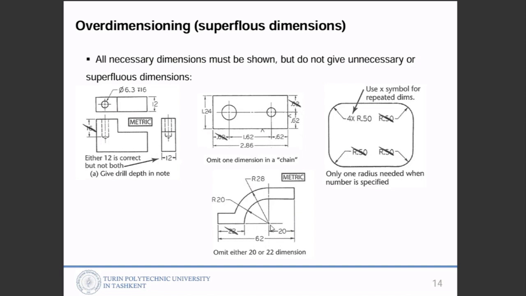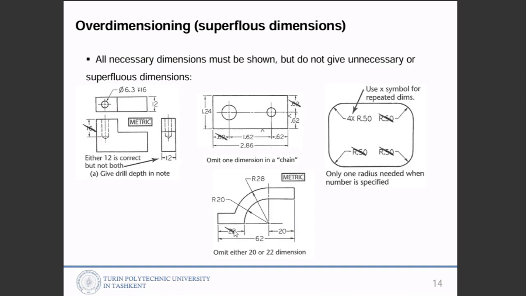Like the line center here, from the center on the right hand side there is 20 millimeter, and then from here we draw an arc with radius 28, another with radius 20, and then when we reach the horizontal line, we measure from this center to the right hand side 20, and from this 20 we measure 62, and then draw this vertical line on the left hand side.